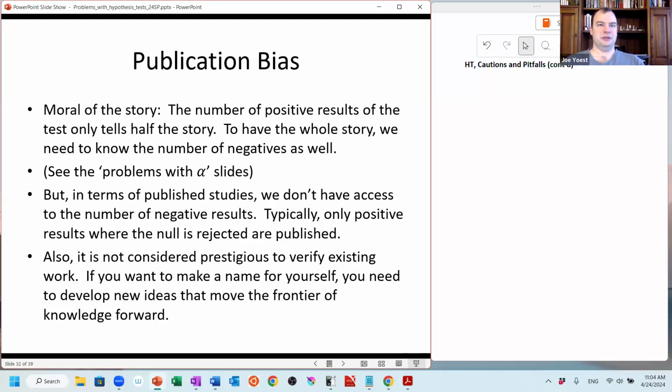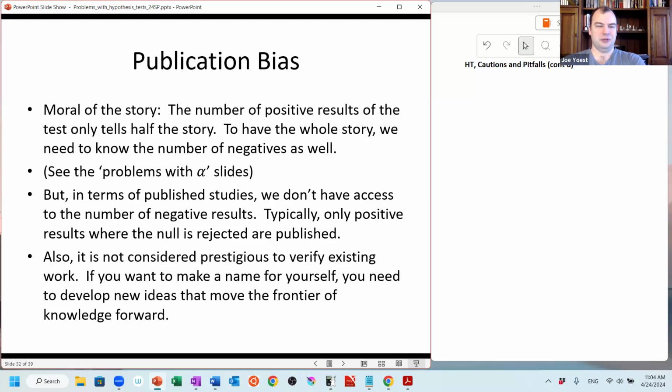I'm probably going to take my data, massage it and come up with something else, or take my research in a slightly different direction and get a publishable paper, a positive result in that direction.